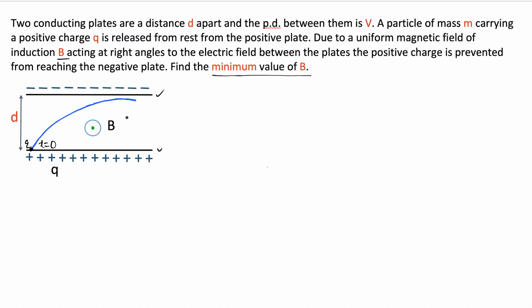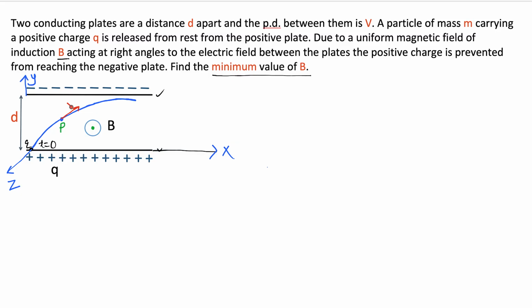So let's see how to solve this problem. First, define the coordinate system. Let's say this is X and this is Y, and B is acting in the Z direction because it is out of the paper. Let's say at any point P, its velocity is like this.